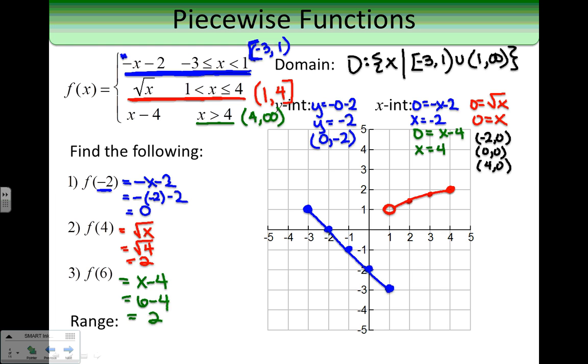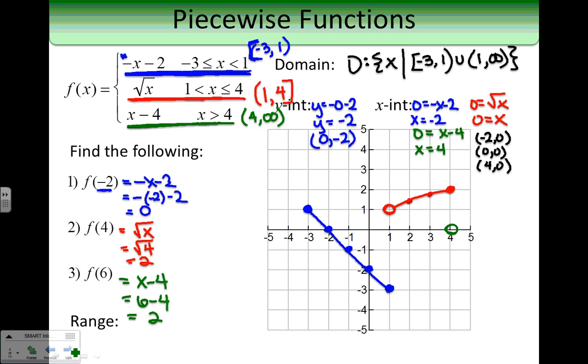All right, last function is our x minus 4 for any x value greater than 4, but not equal to 4. So we start with 4, because that's our first x value, because x can be anything from 4 and above. So if I plug in 4 into my last function, I get 4 minus 4, which is 0.